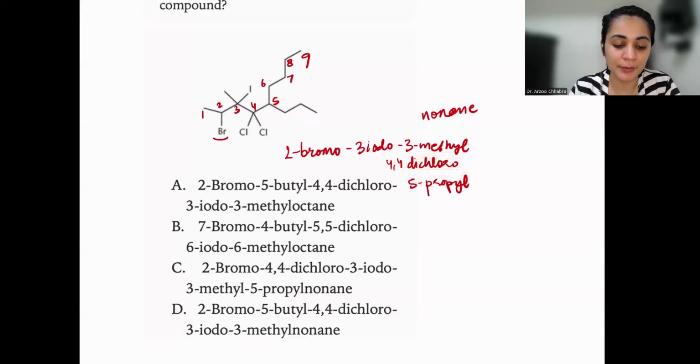However, when we have isopropyl groups, we do compare it starting with the I, because isopropyl itself means a certain type of substituent. However, di just means it's two of a kind, three of a kind. So we do not use those prefixes as points of comparison.